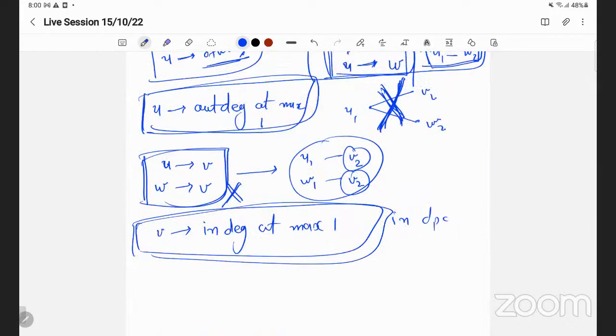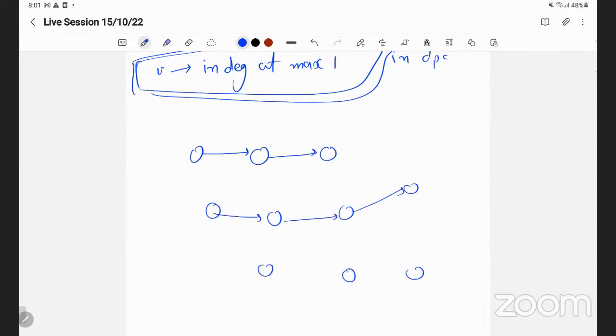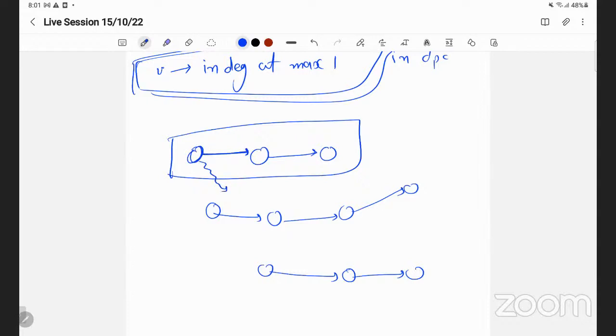So we are considering a set of edges, that means a subgraph in which every vertex has in degree and out degree both at most 1, right? So this will represent a set of paths, right? Let's consider this particular path. This vertex has out degree 1. Can I add another edge from this vertex? No, right? Because we have already proved any vertex has out degree at most 1. This vertex also has out degree at most 1. Can I add another edge? No, right? Similarly, can I add another edge from this to this?